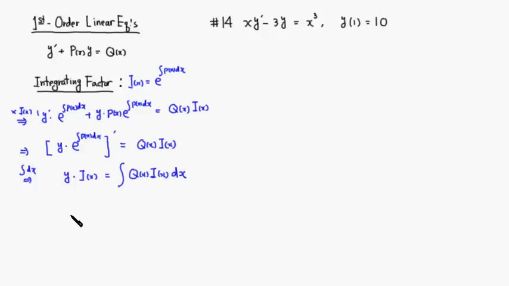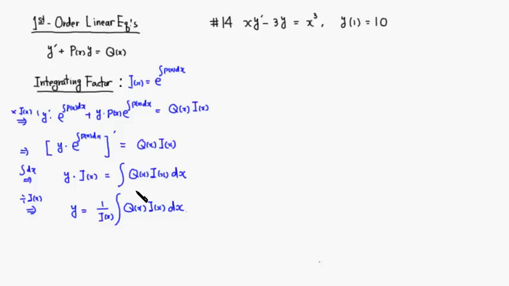By dividing through by the integrating factor, we get y equals 1 over I of x times the integral of q of x times I of x dx. So we can find the solution of this first order linear equation.